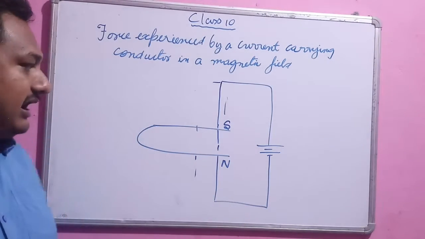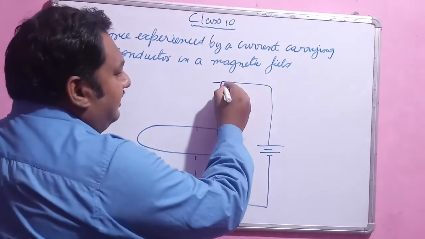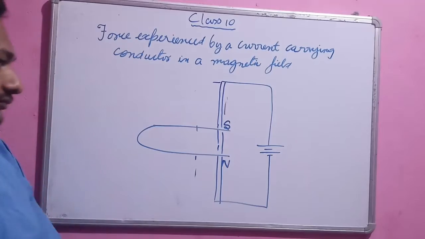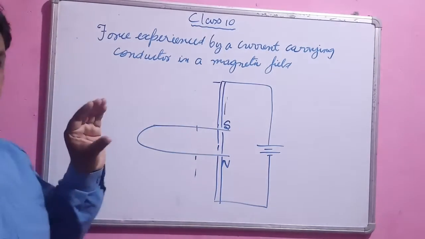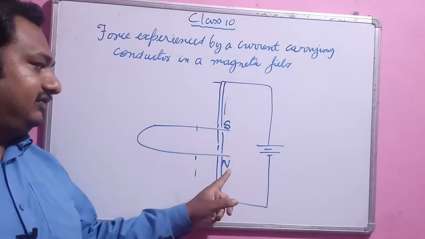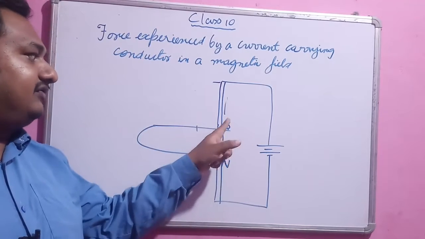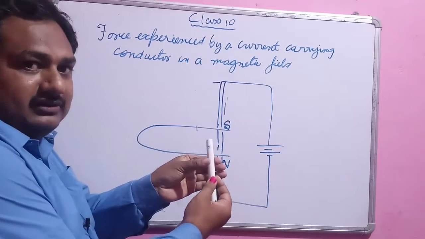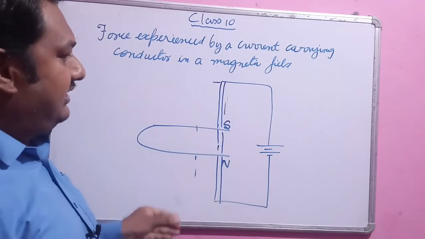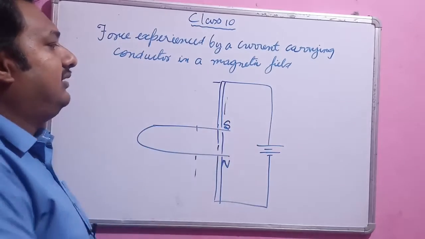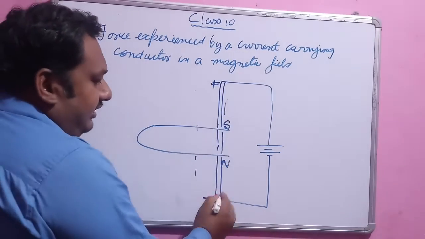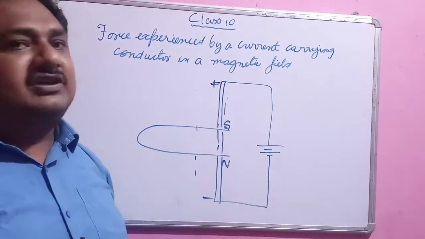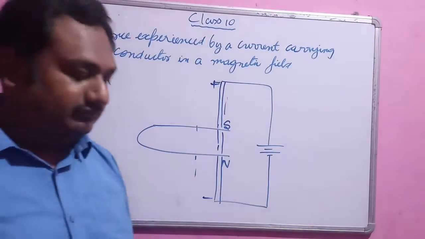So here student, I have taken a horseshoe magnet, and in this magnet the north pole is here and the south pole is here, and in between them I have taken a conductor, and that conductor is by the way connected with the positive and negative terminals of a battery. I have not drawn a stand on which this conductor is resting, I am just drawing for explanation.